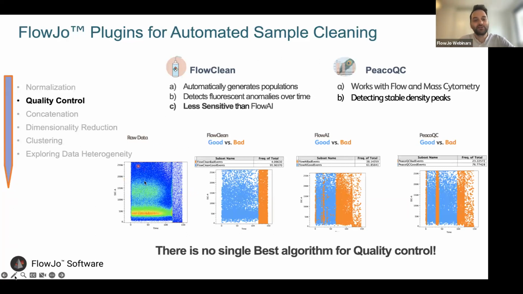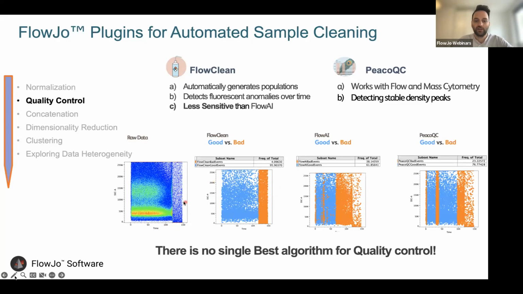Otherwise, we would have only one and then it would be done. But as you can see here on the example, we have some raw data. You can see across time of the acquisition the density, how many events we have across acquisition. We have an interruption at the end of acquisition. Now you can see when I apply those algorithms what output I get.